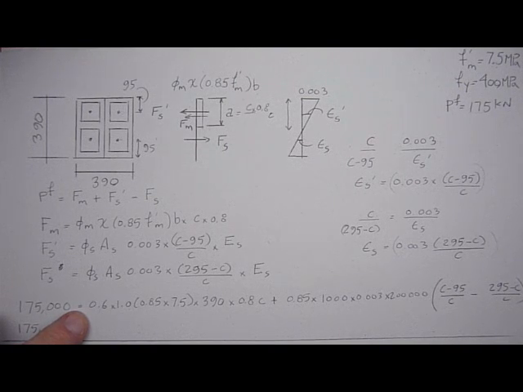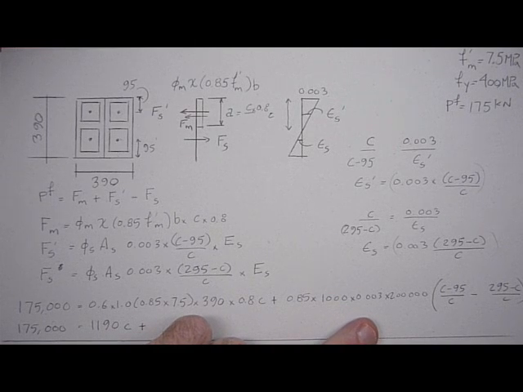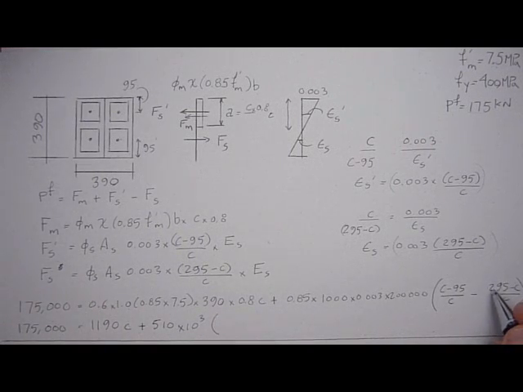That's 1,190 C, plus this term, 0.85 times 1,000 times 0.003 times 200,000, which is 510 times 10 to the third, times C minus 95 minus this term.